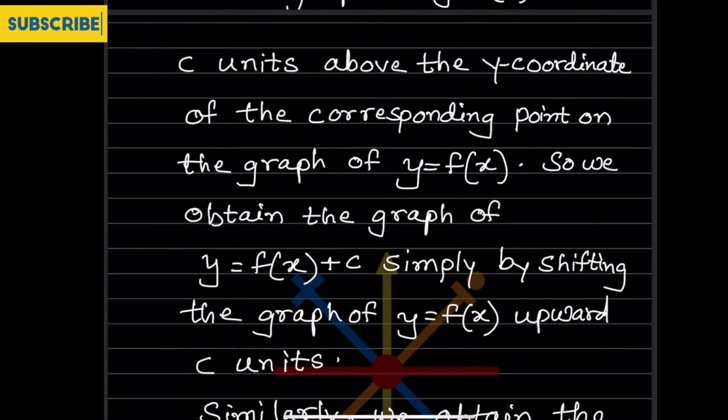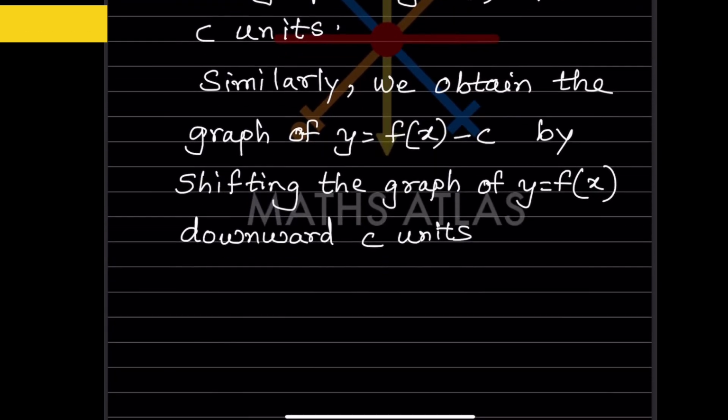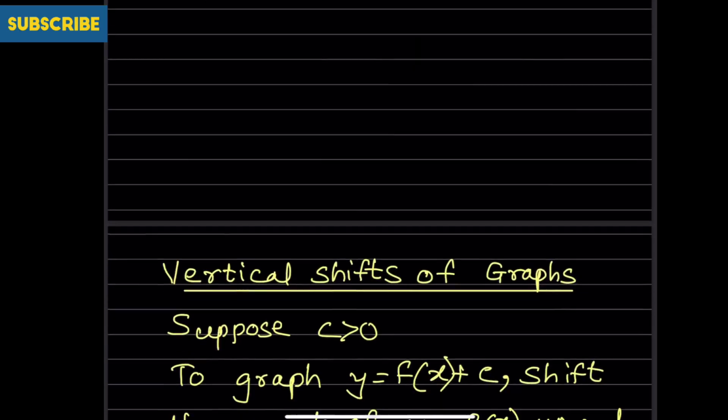So we obtain the graph of y is equal to f of x plus c simply by shifting the graph of y is equal to f of x upward c units. Similarly, we obtain the graph of y is equal to f of x minus c by shifting the graph of y is equal to f of x downward c units.